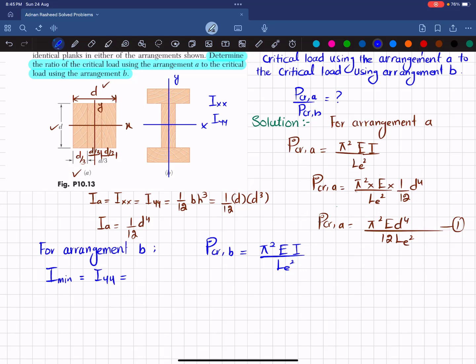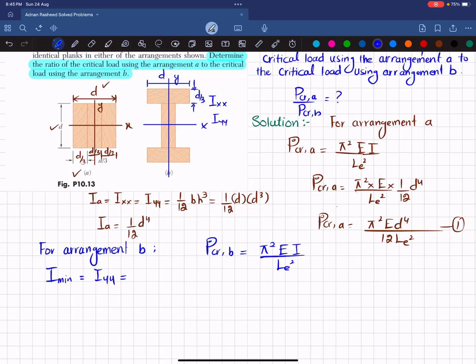For that, look first at these two elements. The height of this plank is D, and the thickness, from this to this, is D divided by 3.